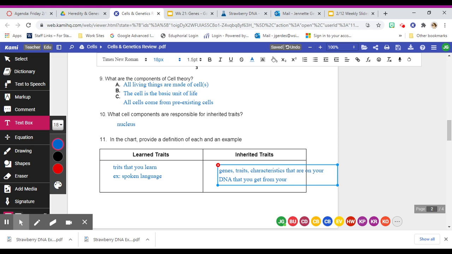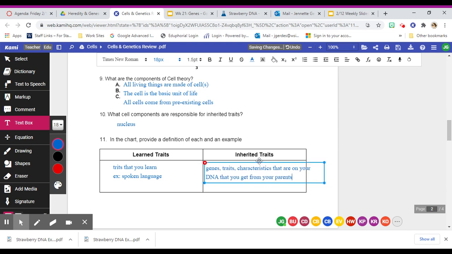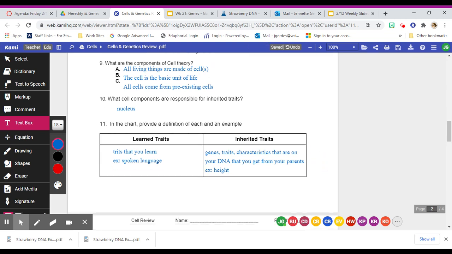You get from your parents. Remember, you get a copy from dad and a copy from mom. And these would be things about you that you can't necessarily control, that you can't really change. My example is going to be height.